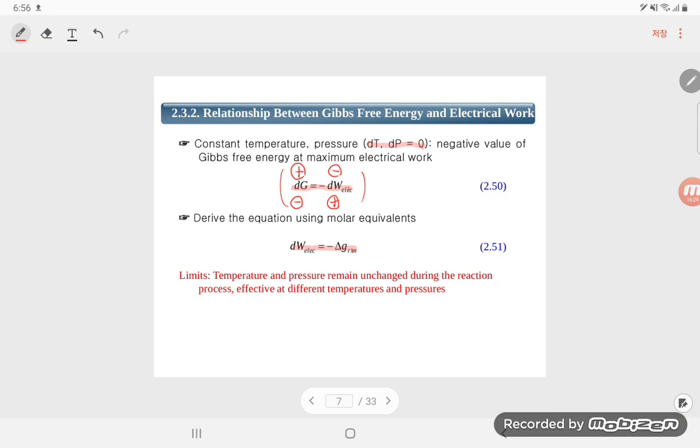So it is a reasonable assumption. The temperature and pressure remain unchanged during the reaction process, and it is effective at different temperatures and pressures.